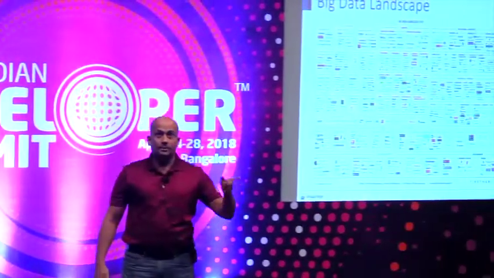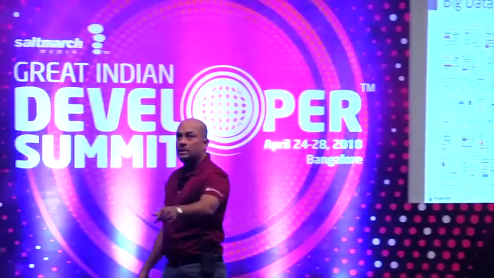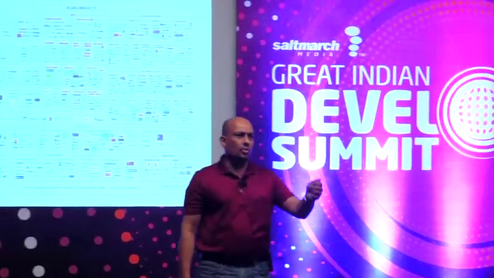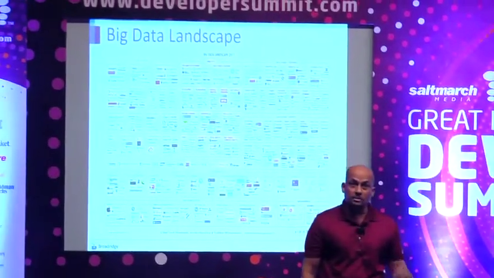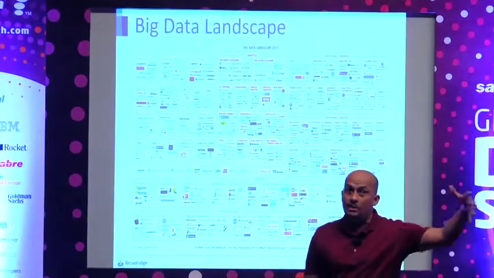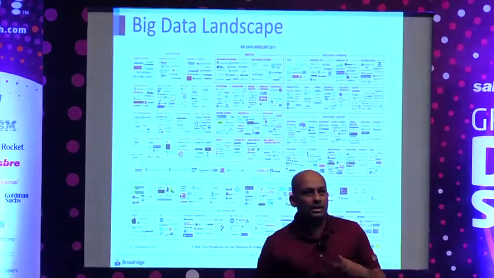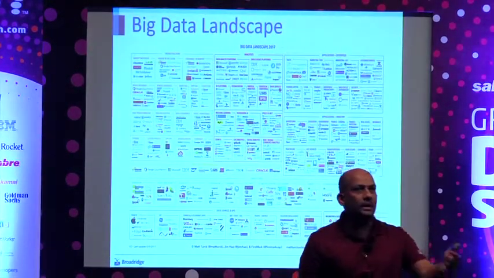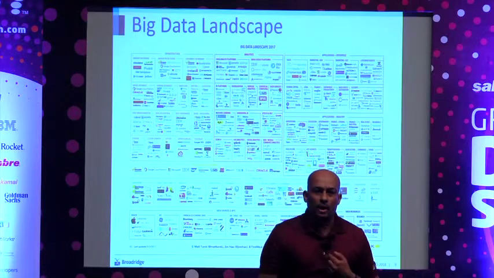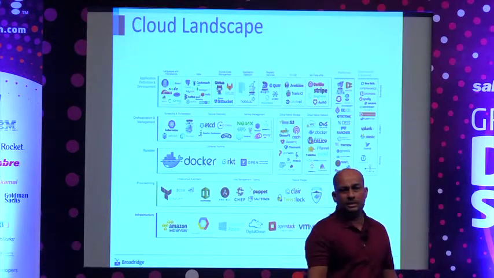But every technology we've been seeing over the last several years has a meaning. All that matters is how we pick it and what we need to pick. It doesn't matter whether it is a big product that we want to use. It may be small, but it is actually useful to us. The cloud landscape is a similar example.